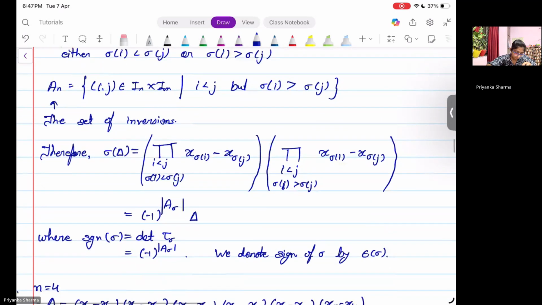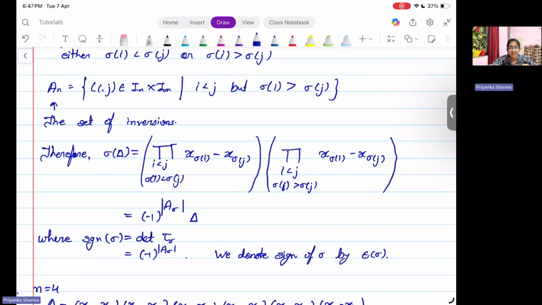So we can split sigma of delta into these two parts. In the first one, we have sigma(i) less than sigma(j) for i less than j.